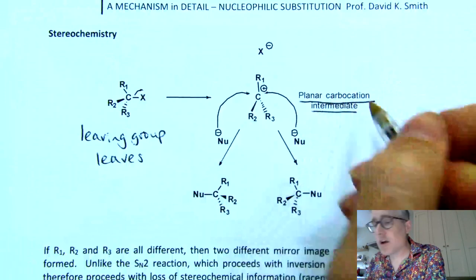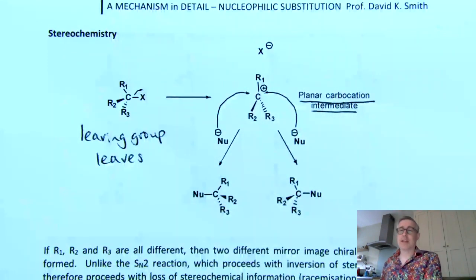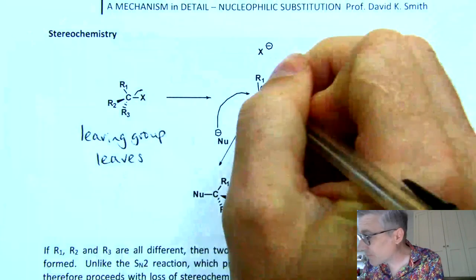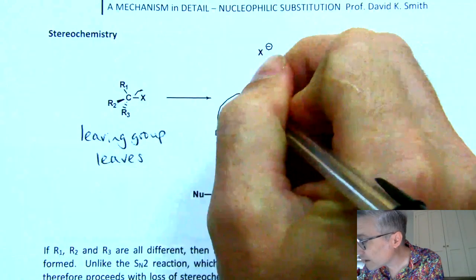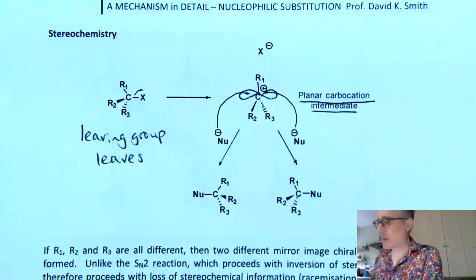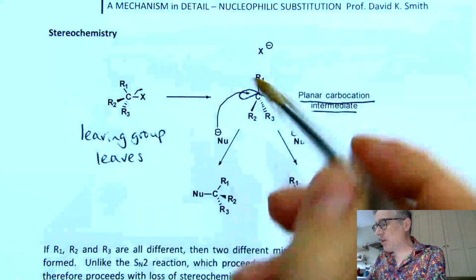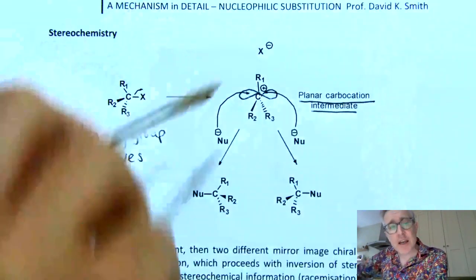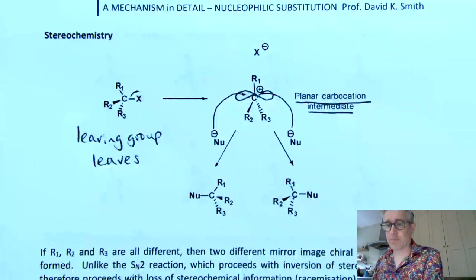Carbocations are planar. They're planar and they have an empty p orbital sitting here. I'll even draw that p orbital on. And with that empty p orbital, you could attack with the nucleophile into either side of that empty p orbital.